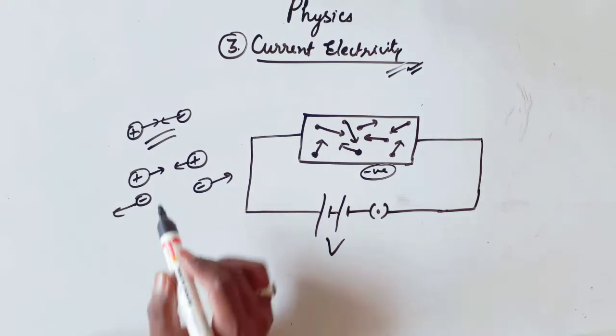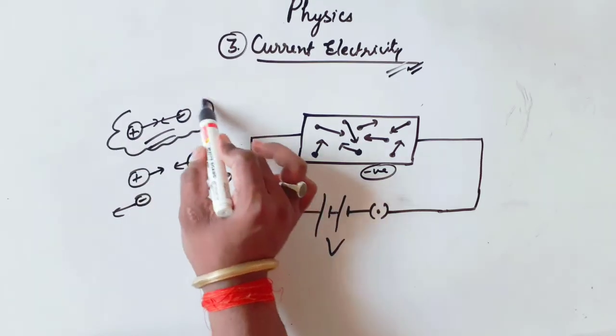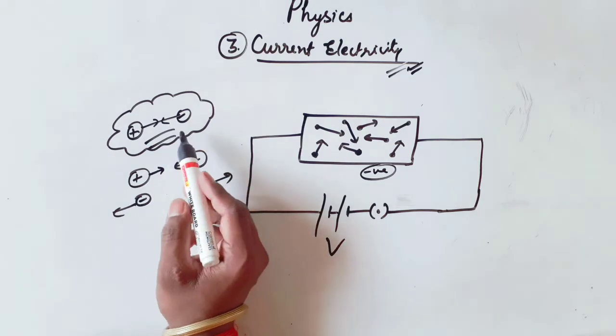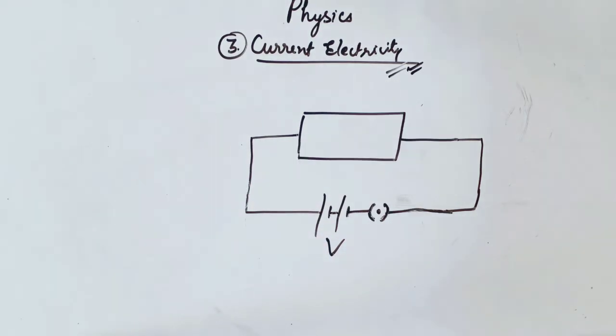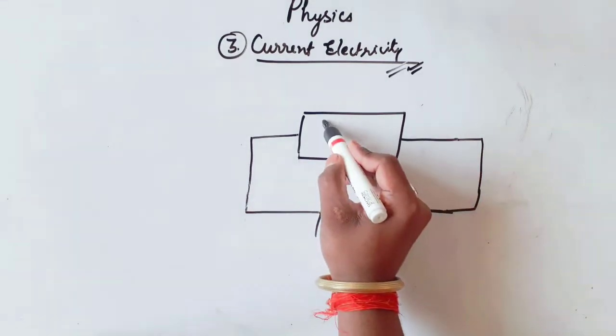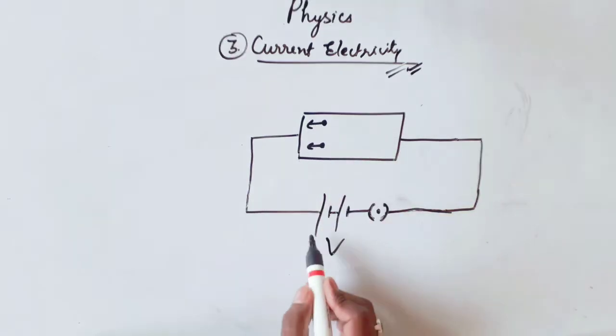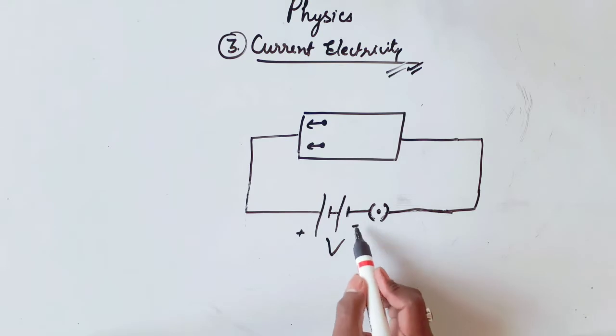But if one is positive and another is negative, then both will attract each other. So each and every free electron will start to move towards the positive terminal of the battery. This is the positive terminal and this is the negative terminal.